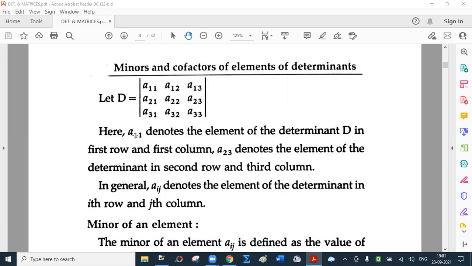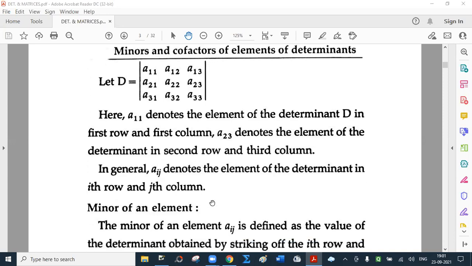So these are suffixes. First suffix gives strictly, this is the convention to be followed, row number, second suffix gives column number. A23 will denote element of determinant A, in which row? Second row and third column. In general, Aij denotes the element of the determinant in ith row and jth column.